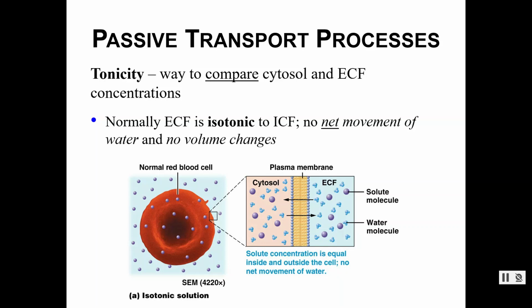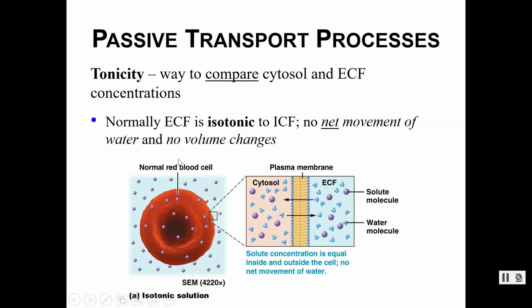Now, in a normal everyday old human, your extracellular fluid and your intracellular fluid, they are isotonic to each other. Okay, iso meaning the same. Now, this means that you have no net water movement, which means you have no volume changes anywhere. And when we give these examples, we're always talking about little red blood cells.